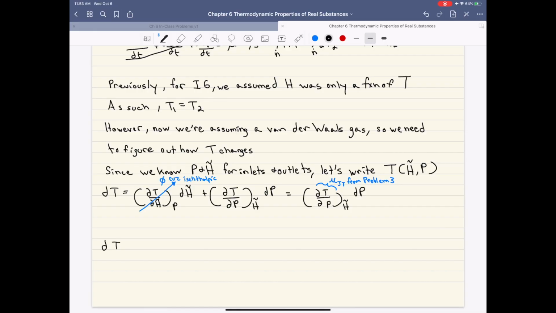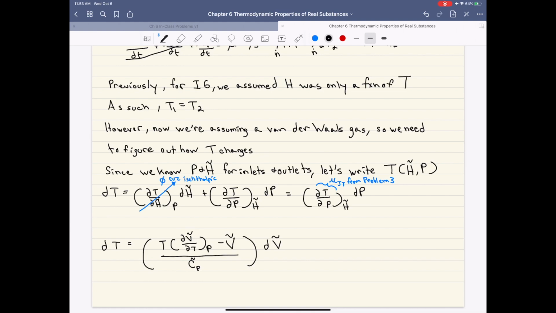So we get dT is equal to temperature, pressure, CP, dV. Okay. All right.